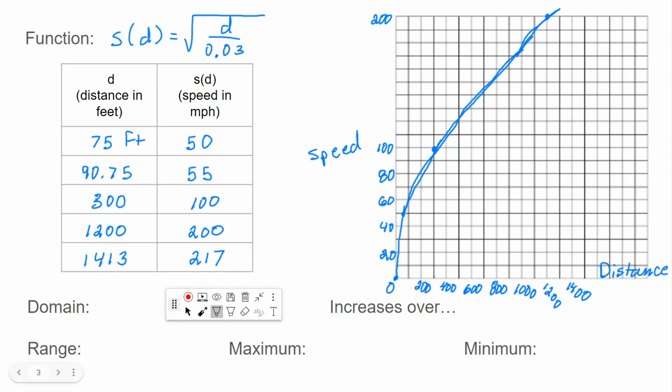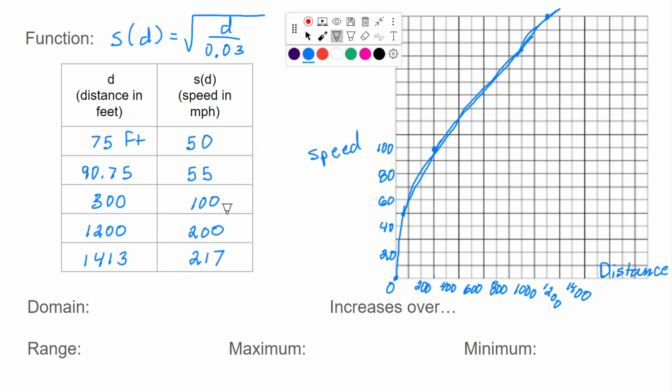So our domain also switches from what we had before. Instead of 0 to 217, our domain this time is going to be 0 to 1413, and the range will reverse as well, 0 to 217.